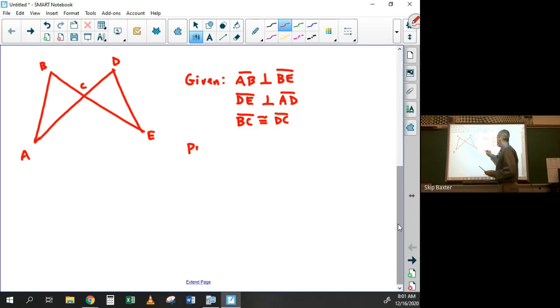And we want to prove that AC is congruent to EC. So this is a fairly typical proof.